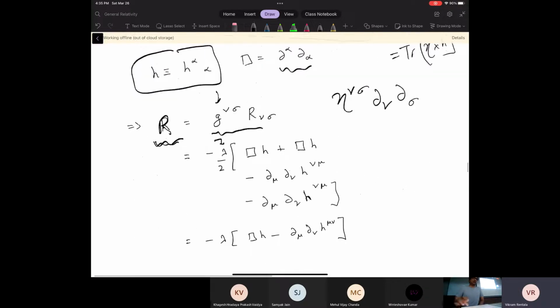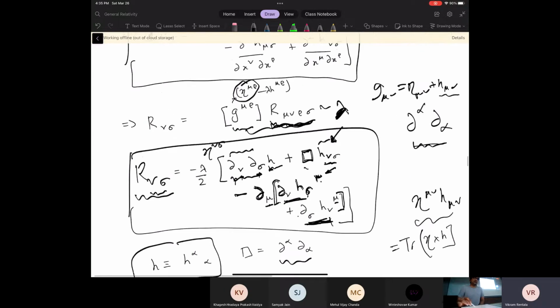So you get box h for the first term. What about the second term? What happens when η^{νσ} acts on this? Box h, because by definition η^{νσ} h_{νσ} is h, and I can pull this η inside the box because it doesn't get acted on by derivatives.